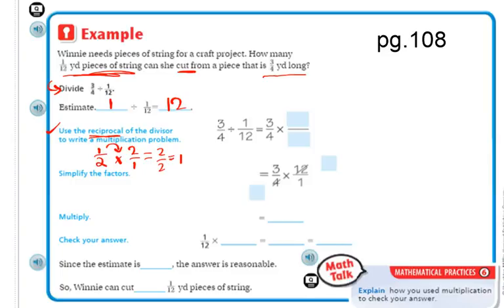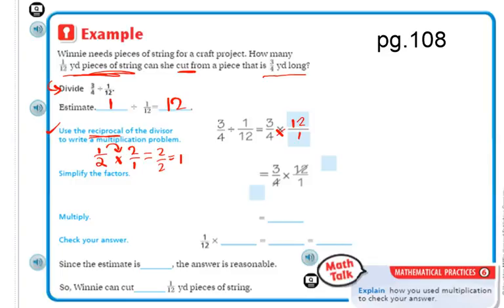We will use the word reciprocal more often than not. So we're going to take the division problem and we're going to write it as a multiplication problem using the reciprocal of our divisor, which is the second number in our sentence. So 3/4 divided by 1/12 equals 3/4 times 12/1.